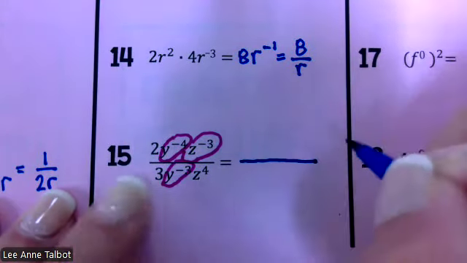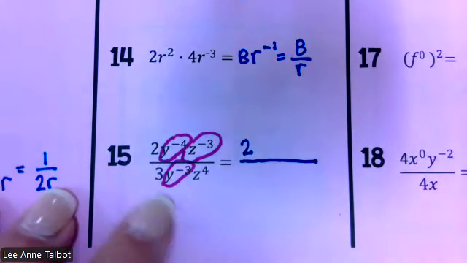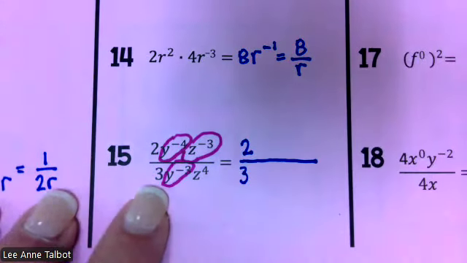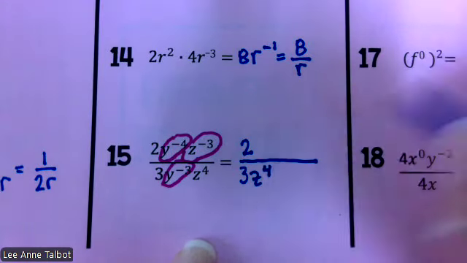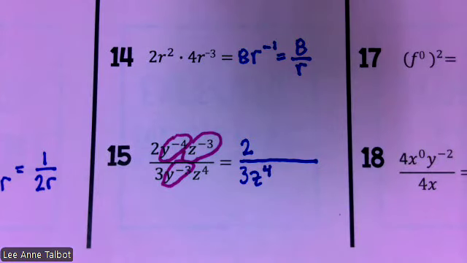And 2 and 3 and z to the 4th, those have positive exponents, so they stay where they are. Let me say that again. 2 and 3 and z to the 4th, those have positive exponents, so they stay where they are.